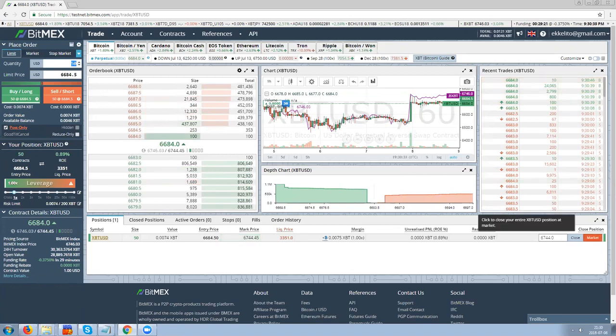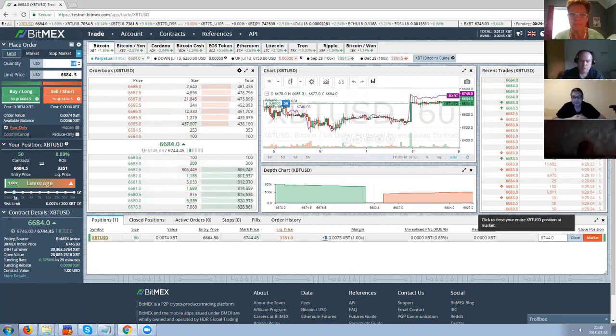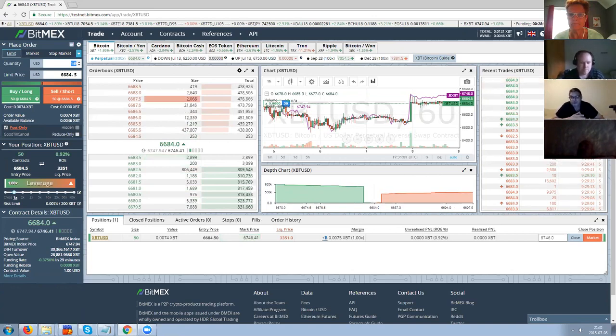So you just close with the market. Close with the market, then it's fastest. So you always need to close it first. Yes, that is what I thought. That was a bit confusing to me in the beginning. So you need to close it first, and then you would enter your short position. Yeah, if I want to do a short position, then I will do that. Of course, if you want to.